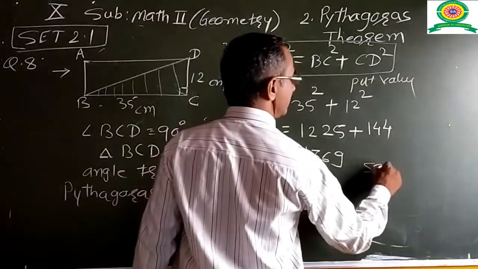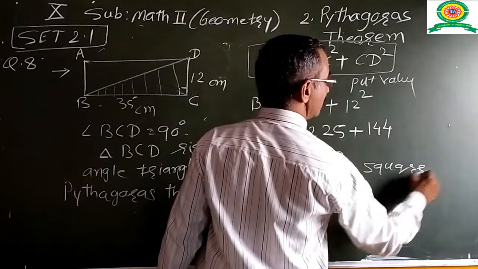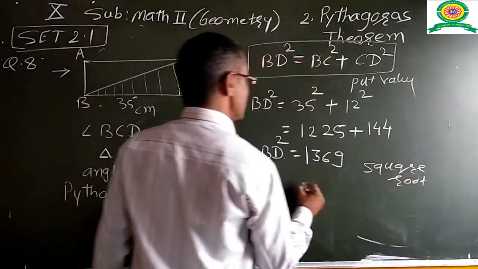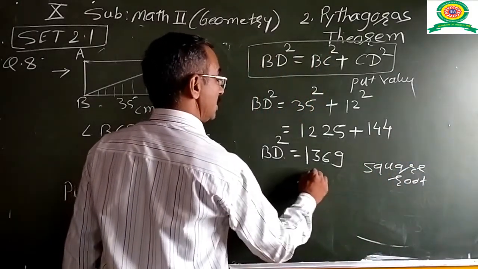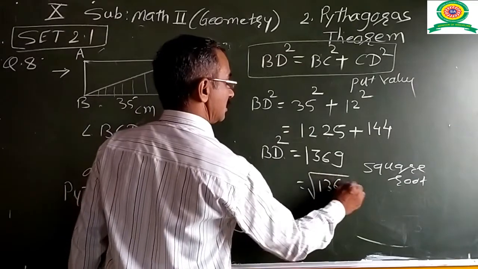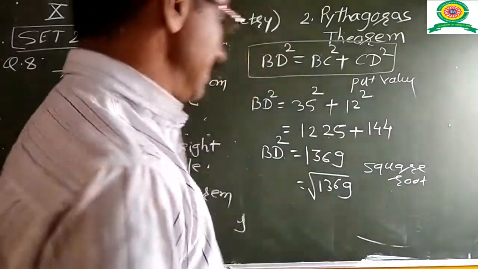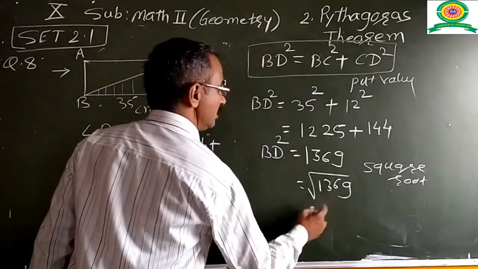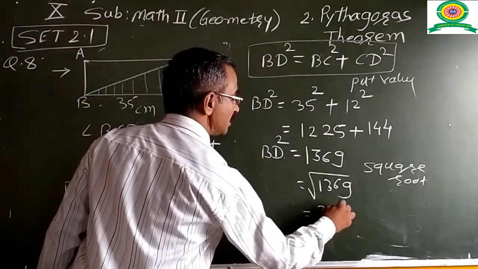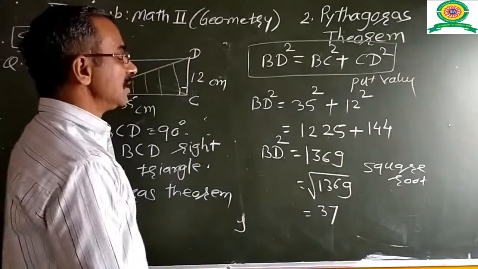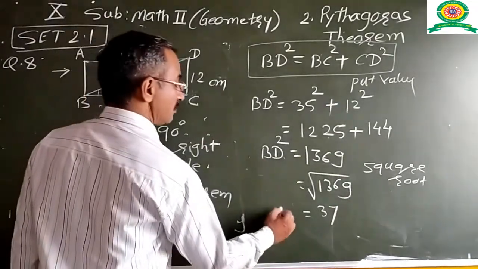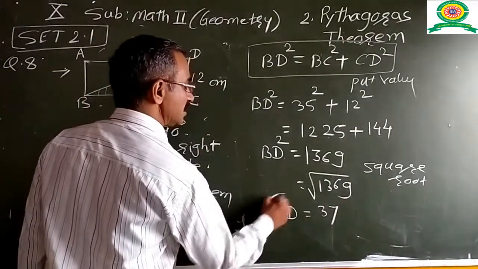By taking the square root, square root of 1369. And it is a complete square. So it is a complete square of 37. So we get BD is equal to 37.